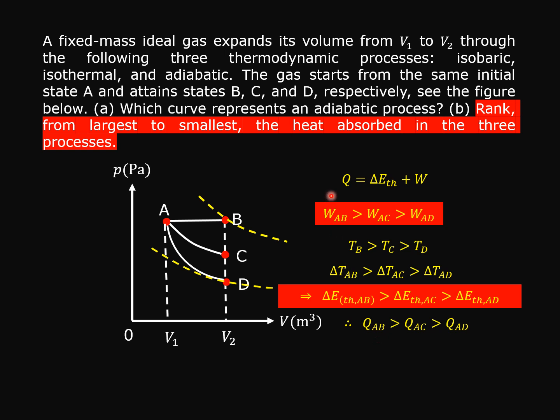And QAD must be the smallest, because WAD and the internal energy change for AD are the smallest. So in conclusion, the heat absorbed Q in process AB is the largest, followed by QAC and followed by QAD.